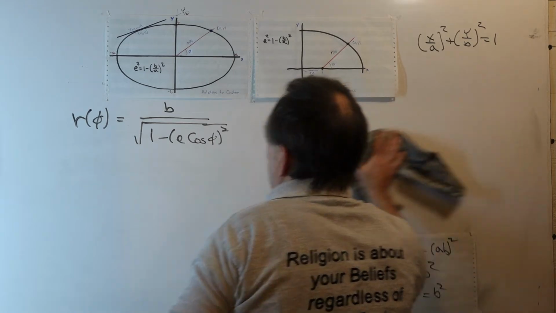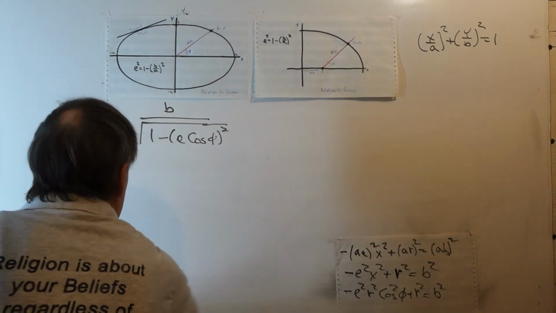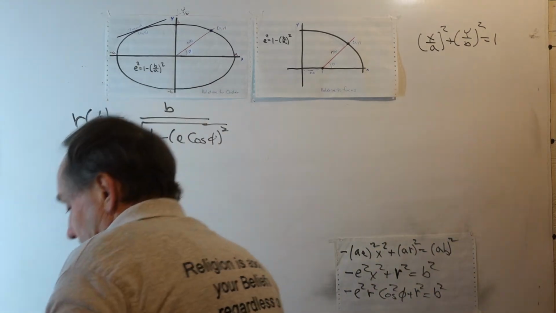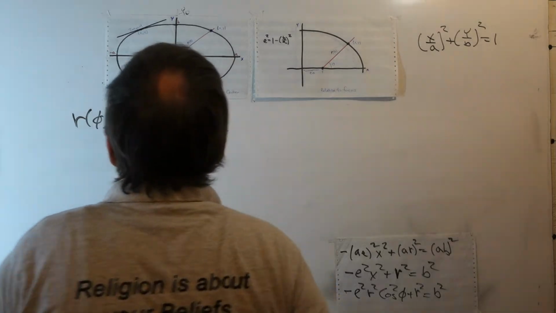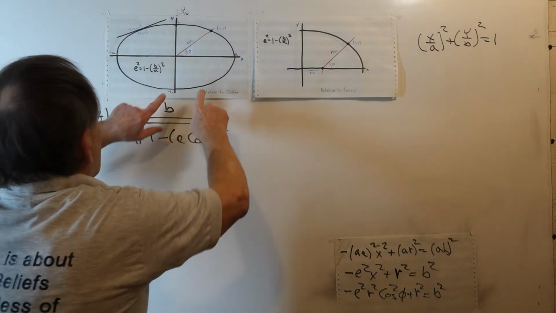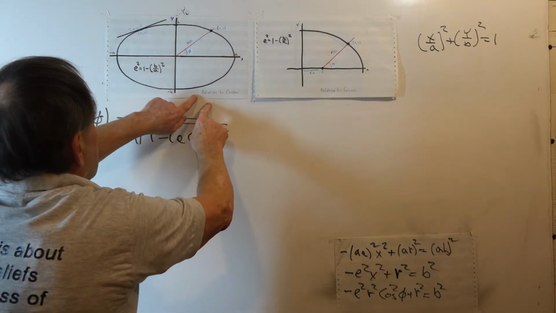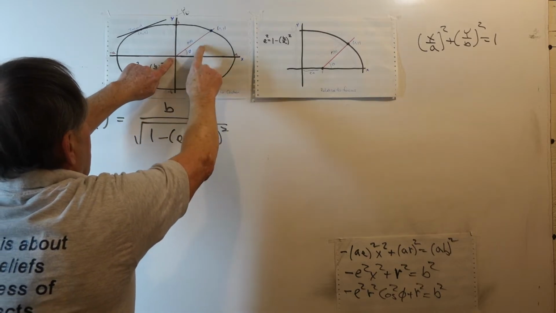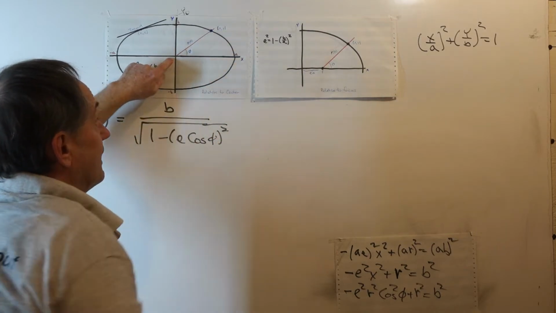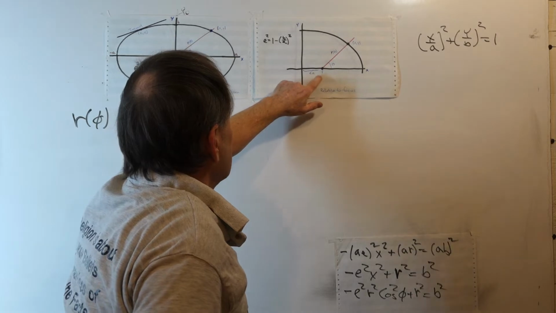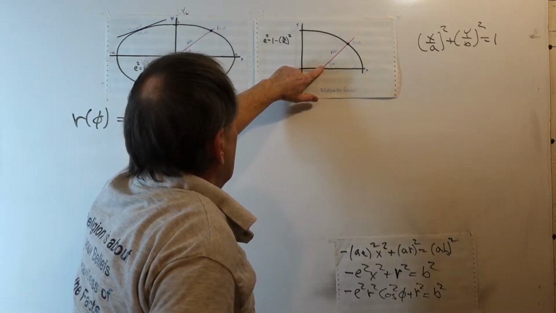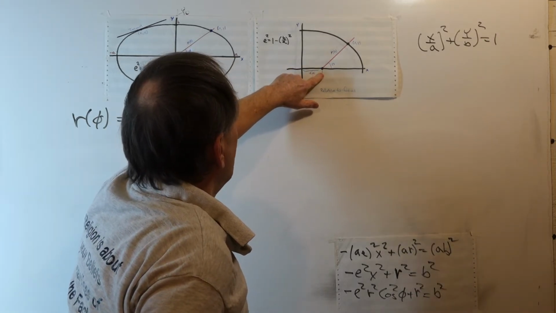All right, now that's our main equation. This is, relative to the center of the ellipse, a representation. We also could represent the polar coordinates relative to a focus.